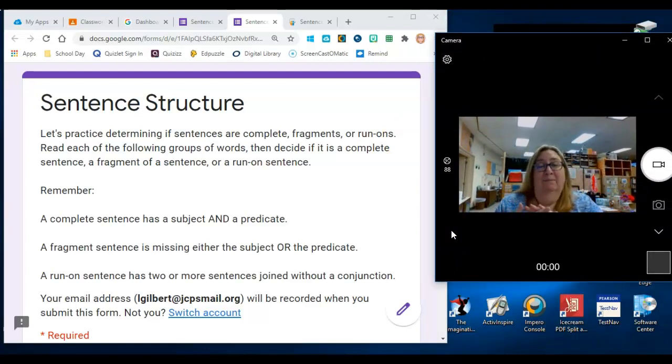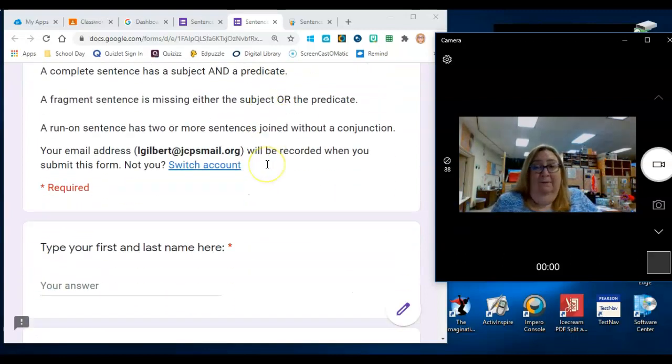It expresses a complete thought. A fragment sentence is usually missing either the subject or the predicate, but the most important thing is it doesn't express a complete thought. And a run-on sentence has two or more sentences joined, but they don't have proper punctuation or capitalization, or they don't have a conjunction to make it a compound sentence.